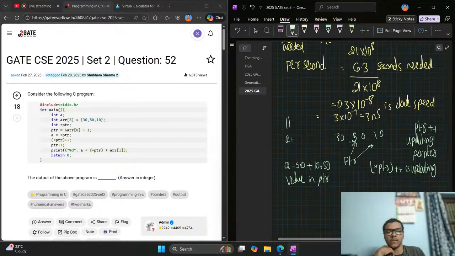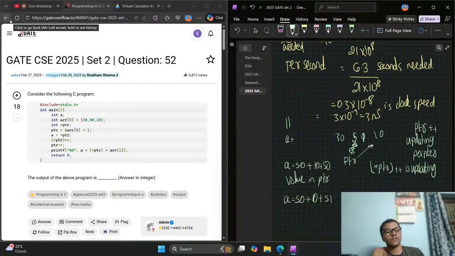At this step here it will become 51. Pointer is now pointing to 10. So here is 50 and what is pointer pointing to? Pointer is pointing to 10. Array of 1 is now 51. That's 111. That's a 2 marks question.